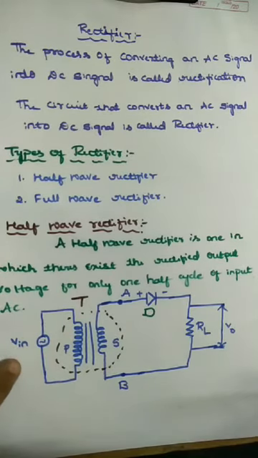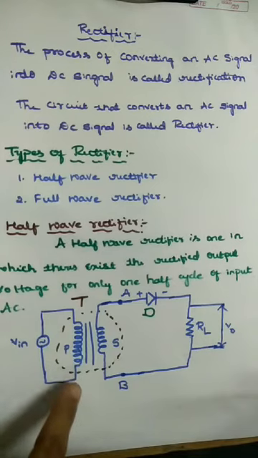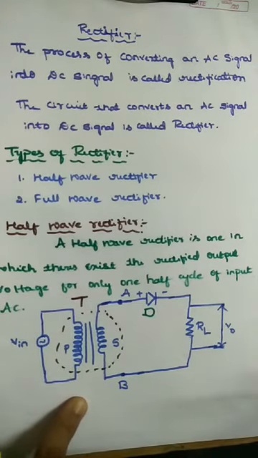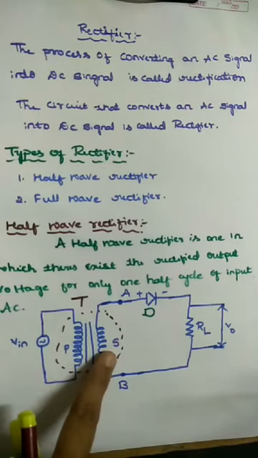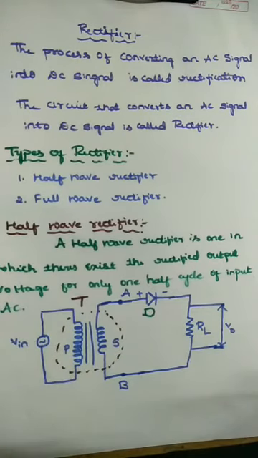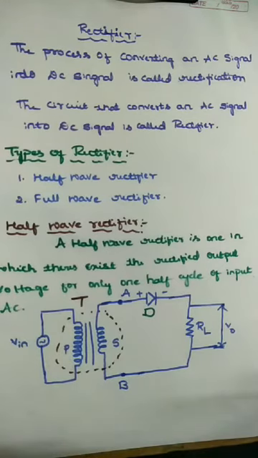The AC voltage is applied to the primary of the transformer. It induces a voltage in the secondary coil of the transformer, which becomes the input for the rectifier.